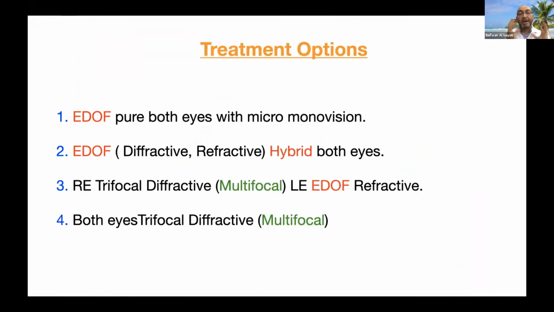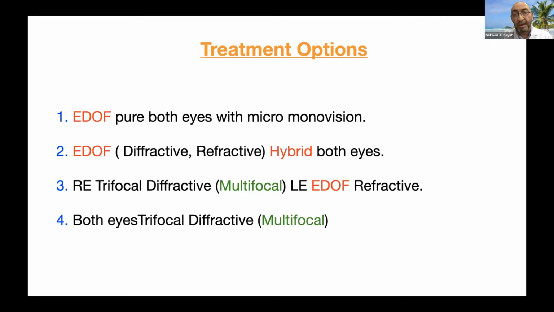Now, which option could I select to have the best outcome for this patient? EDOF pure, both eyes with micro monovision; EDOF diffractive refractive hybrid, both eyes; right eye trifocal diffractive multifocal, left eye EDOF refractive; both eyes trifocal diffractive multifocal.